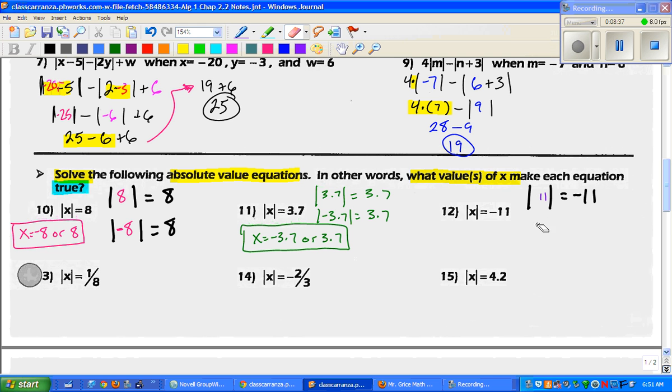The absolute value of positive 11 is positive 11. So for this one, there is no solution. Okay? You cannot add the negative sign outside to make it true. Okay? We can't change the problem.